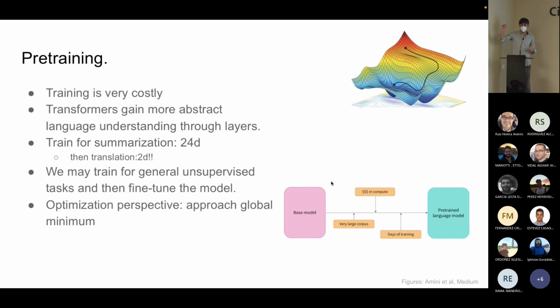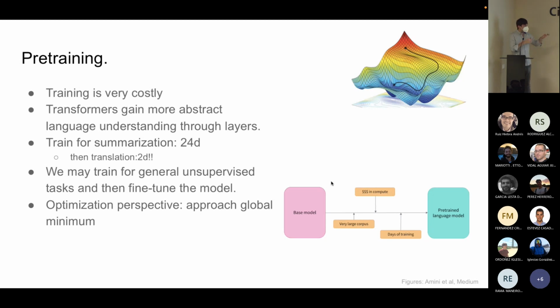You train it first for a task, and then adapt that transformer to another task, because it already has all the language processing pipeline, and the weights can be adapted. It takes a lot less time.